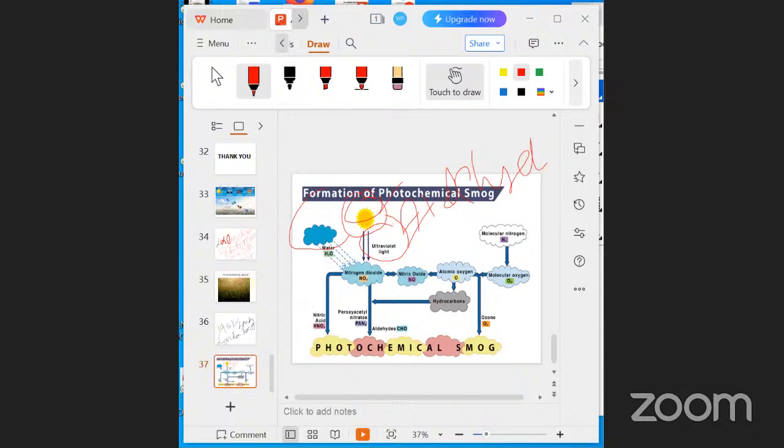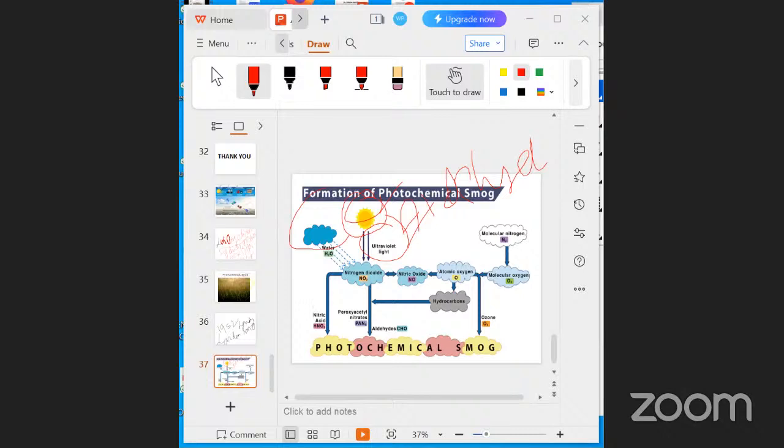Now, how is photochemical smog formed? The stages of photochemical smog formation are given. I already told you yesterday, but now I'm telling again.